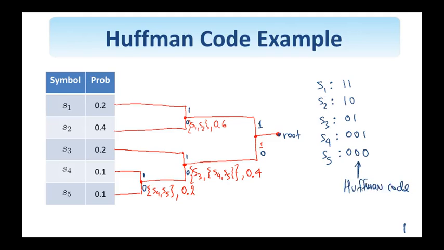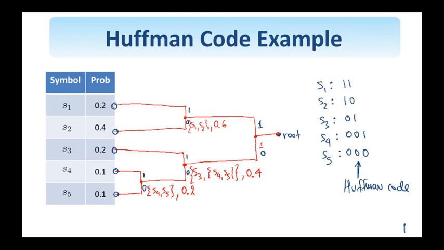It's clear that it is a prefix code because the code words are at the leaves of the tree. So I don't need to go through one code word to reach another code word. Due to the construction, it's a prefix code, and therefore this is a uniquely decodable code.